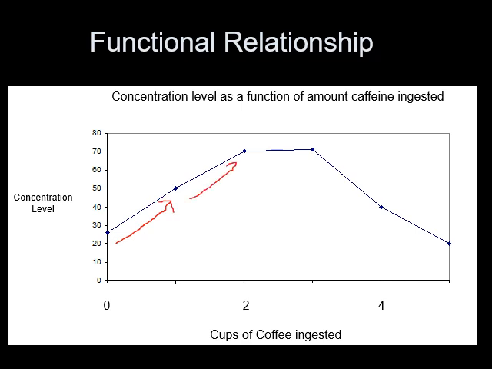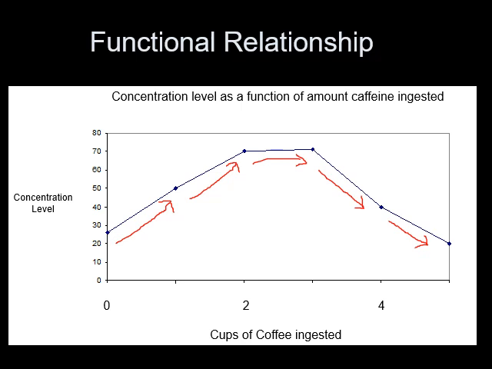When they drink another cup of coffee, their concentration level increases even more. But then when they drink more, you can see that this starts to plateau, and when they drink even more, 2 to 4 cups of coffee, you actually see a reversal effect when it comes to their attention level, because this caffeine is now having exactly the opposite effect. When you go from 0 to 2, it increases, but when you go from 3 to 5, you can see this effect is being reversed.